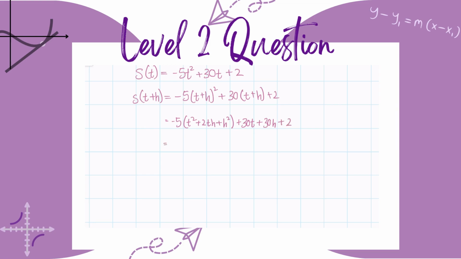After, I'm going to distribute the negative 5 into the equation. So it becomes negative 5t squared minus 10th minus 5h squared plus 30t plus 30h plus 2.